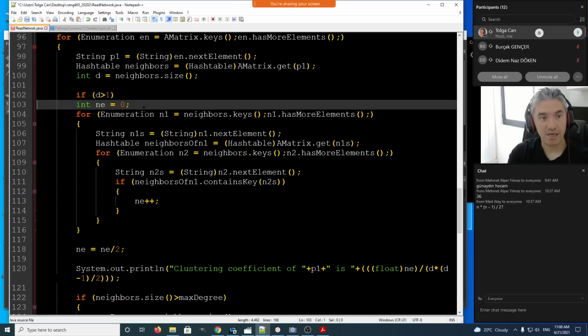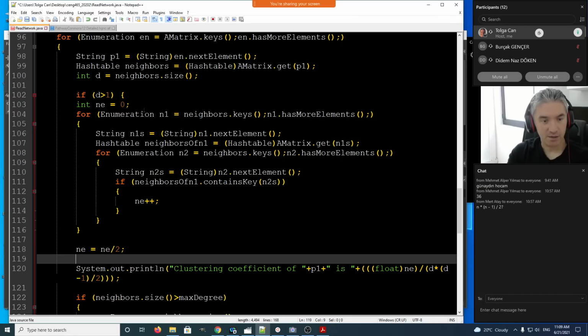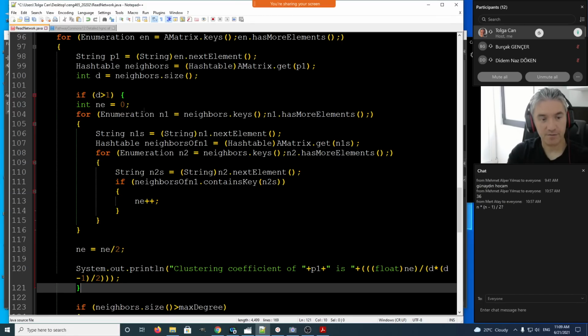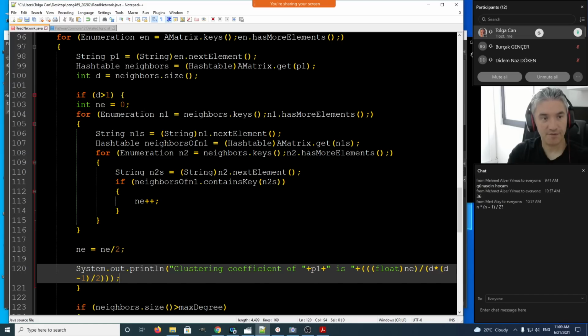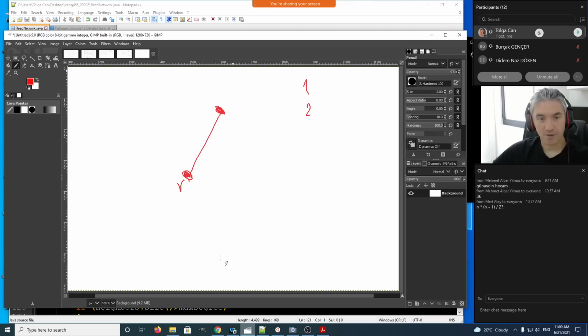If you write D is greater than 1 and put the entire thing within this if statement, you compute the clustering coefficient only for nodes with at least 2 neighbors. If you have 2 neighbors and they're connected, your clustering coefficient is 1, otherwise it's 0. But for a protein with 1 neighbor that I showed here, the clustering coefficient is undefined.